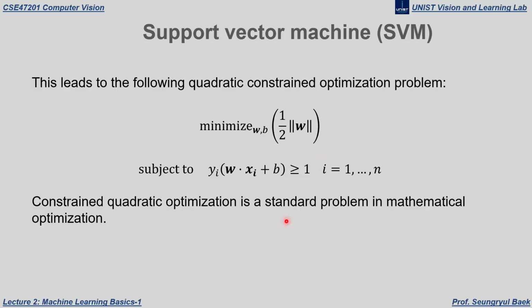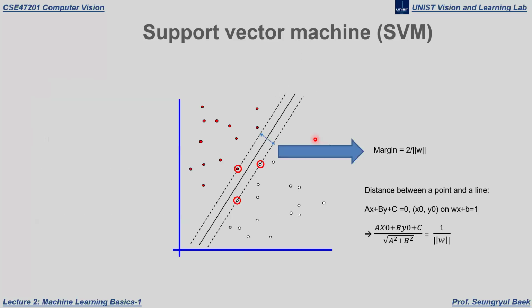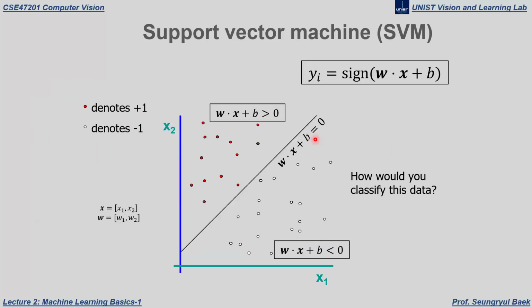So this means all samples have to be correctly classified, and at the same time, we have to minimize the inverse of the margin. Okay. Are you guys following this? Okay.